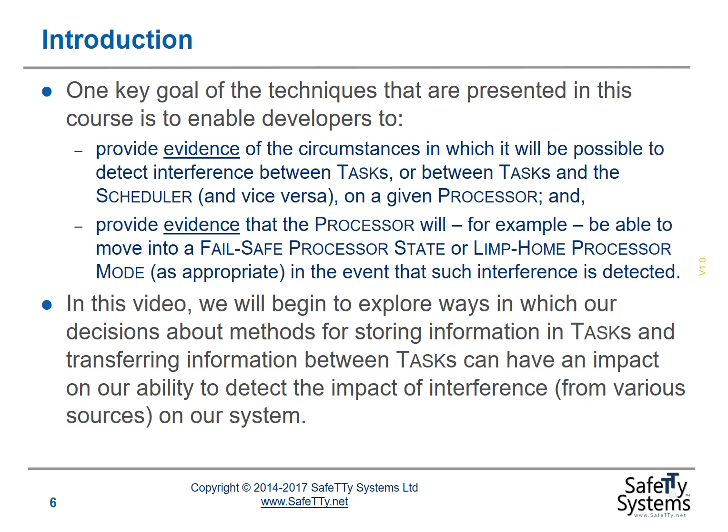In this video, we will begin to explore ways in which our decisions about methods for storing information in tasks and for transferring information between tasks can have an impact on our ability to detect the impact of interference from various sources on our system.